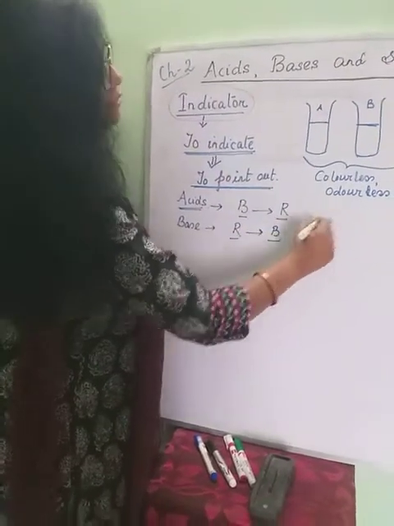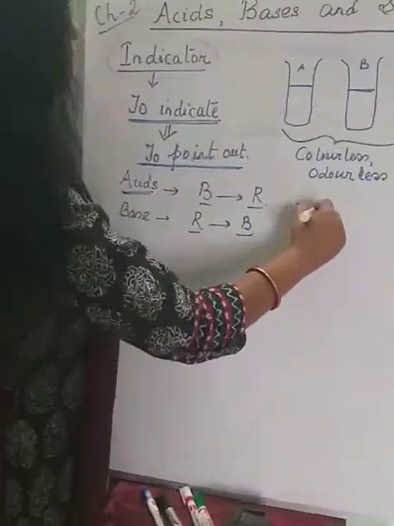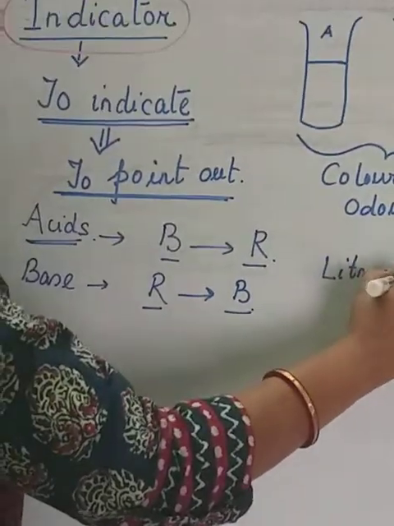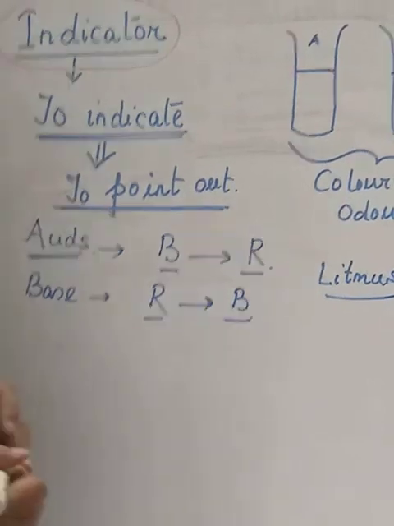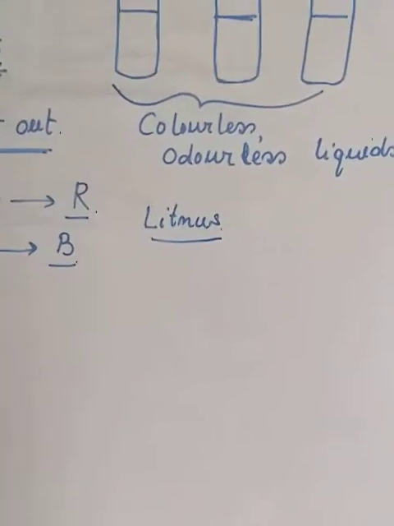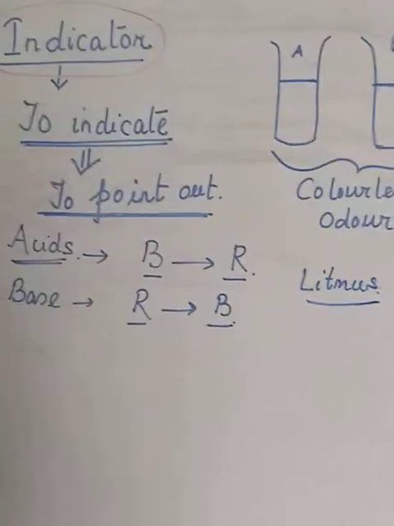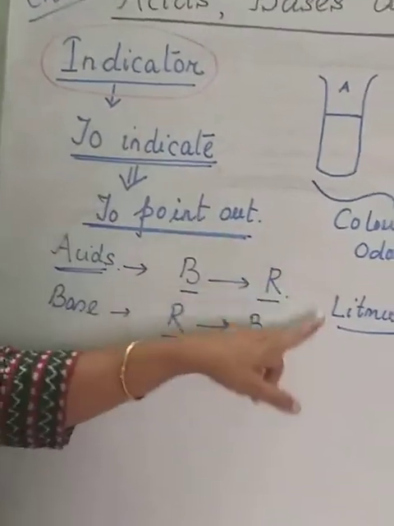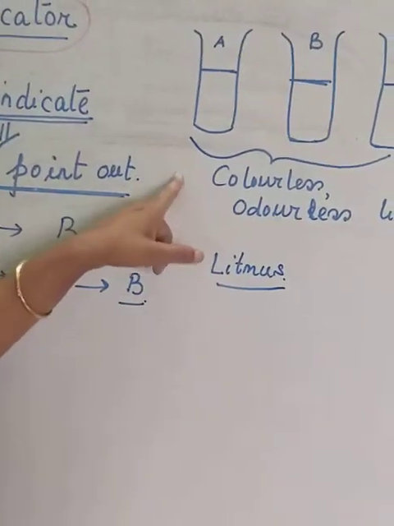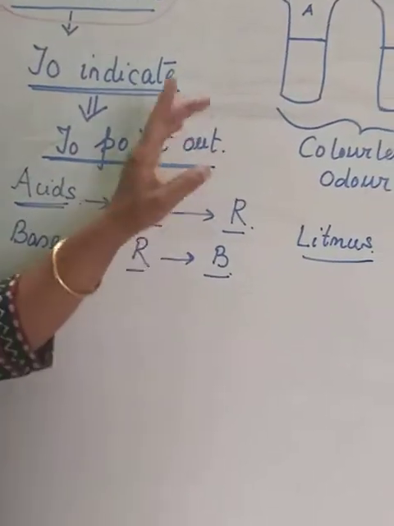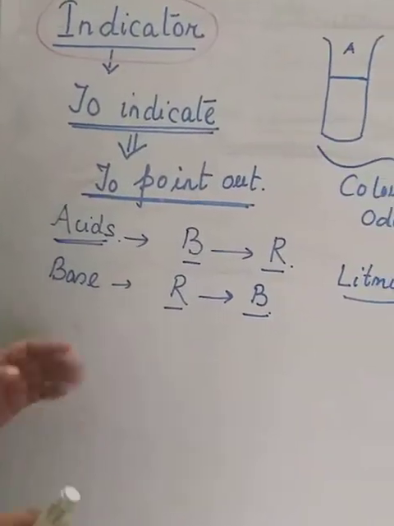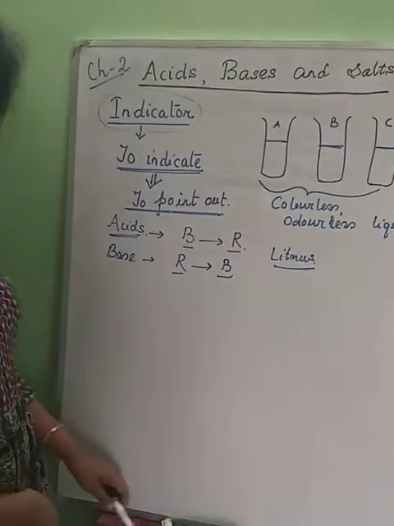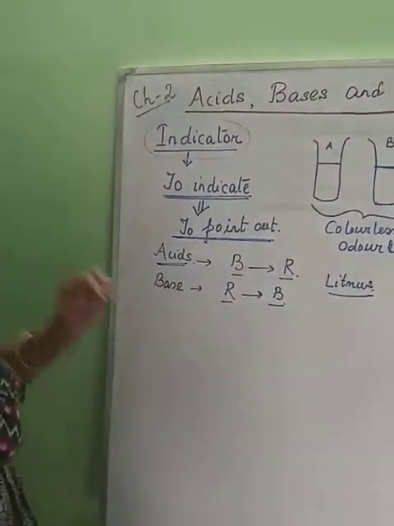So here litmus is the substance that helps to detect, to indicate which one is acid, which one is base and which one is a neutral one, that is the distilled water. So let's see this all.